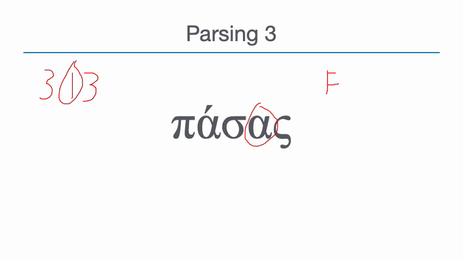And this is, since it's the alpha and the alpha sigma, in the first declension, it's going to be accusative feminine plural. Okay, accusative feminine plural. I'm not very good at writing with the cursor here. Accusative feminine plural from pas, and it would mean all.